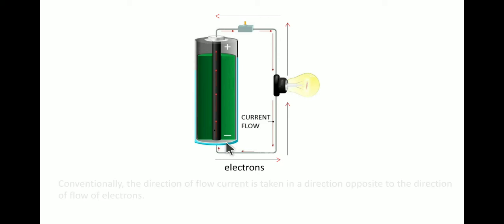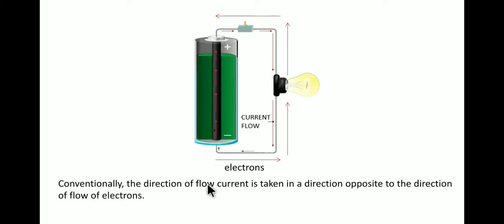So conventionally the direction of flow of current is taken opposite to the direction of flow of electrons. If electrons flow in this direction, then the current will be flowing in the opposite direction.